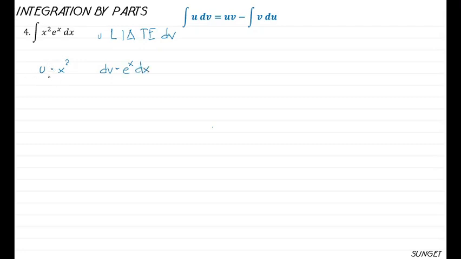So differentiate the u part. So du is equal to 2x dx, and for the dv part, integrate each side.